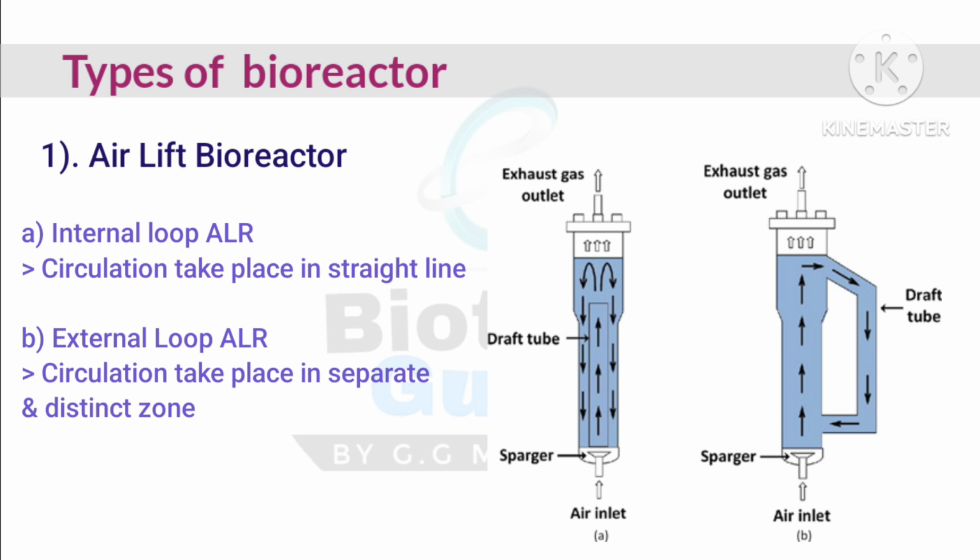The draft tube is attached in the middle position in the internal loop ALR, and in the case of the external loop ALR, the draft tube is attached at the outer side, not in the middle. So on the basis of this draft tube, two types of ALR result.